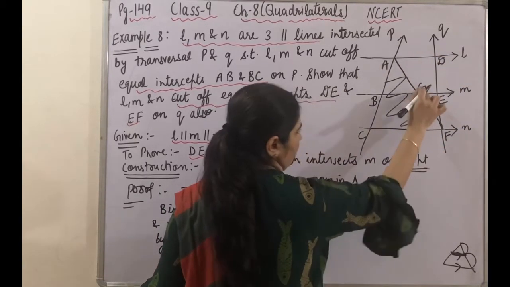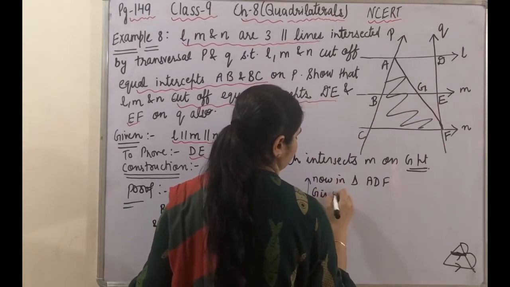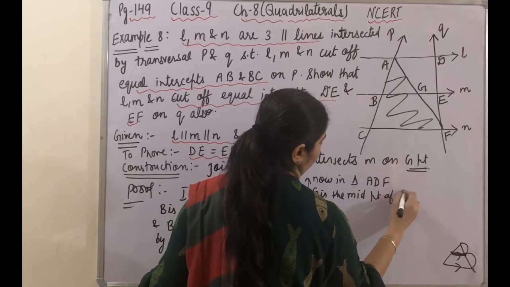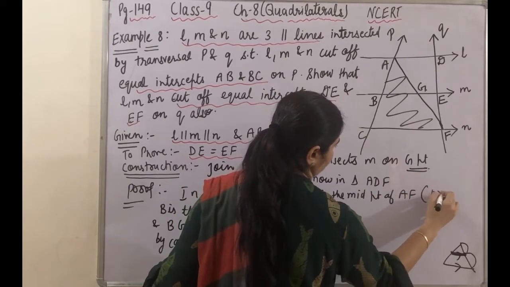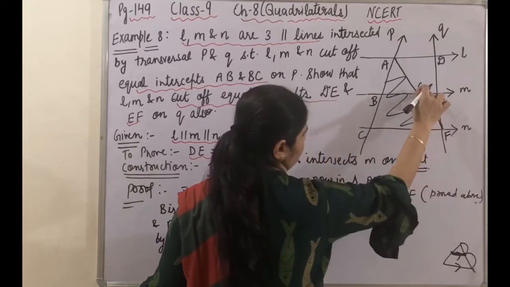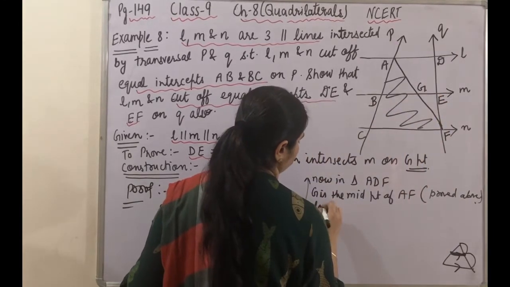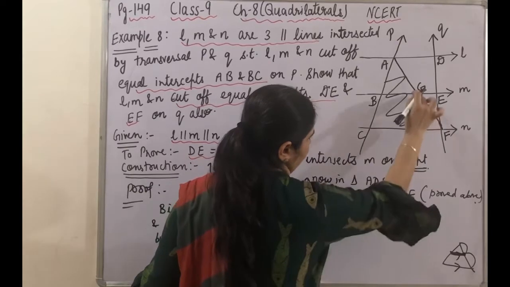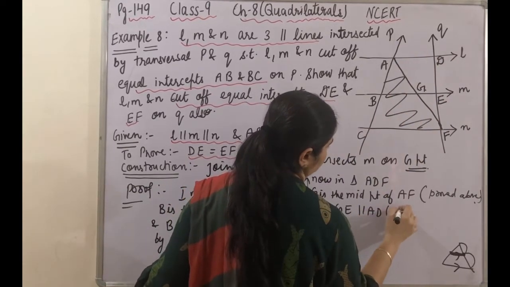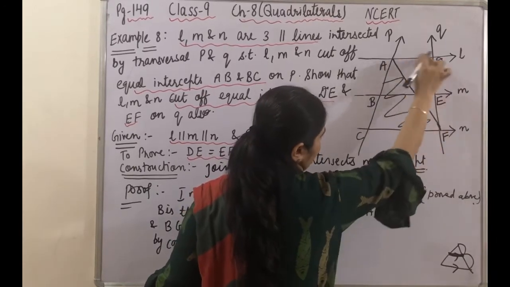G is the midpoint of AF, proved above. Now only we have proved G is the midpoint. Also this GE is parallel to AD. The reason here is that M is parallel to L.